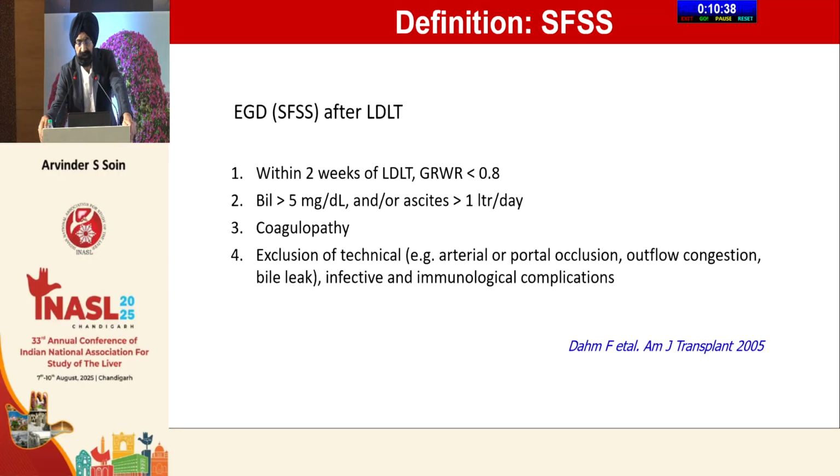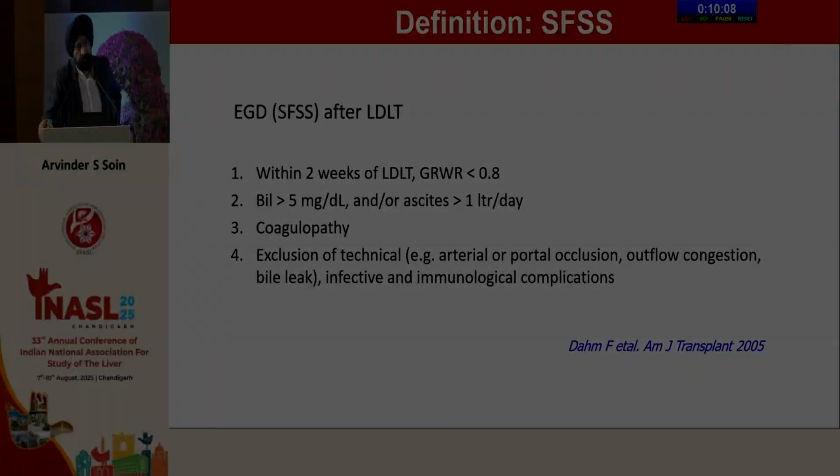And then there is this definition of small-for-size syndrome, which typically happens or may happen with small-sized grafts. And that usually happens with grafts which are less than 0.8 GRWR. But there is a lot of conversation around what is an ideal GRWR, but let's leave that aside for the moment. So bilirubin of more than 5 and/or ascites more than a liter per day, and this is usually in the second week.